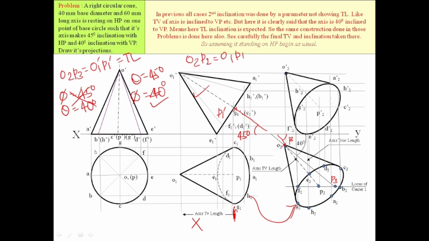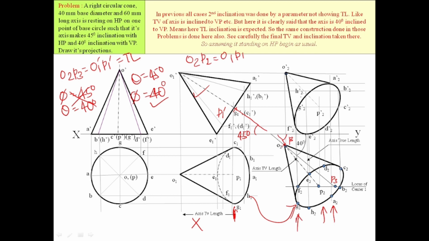Here again the outermost portion of the solid is always a thick line. While examining the front view, by using the visual ray method, we can see that H2, A2, B2 points are visible, and point G also is visible.